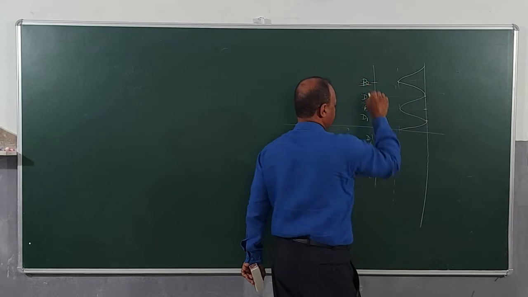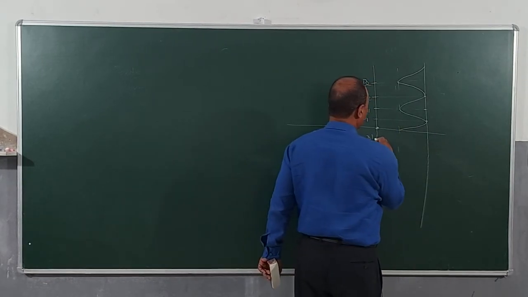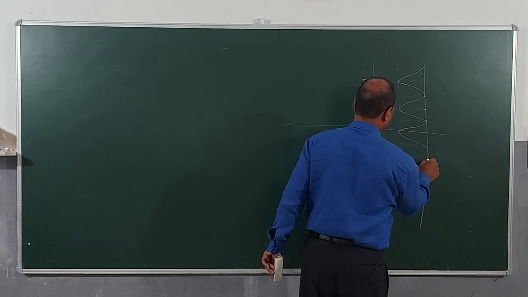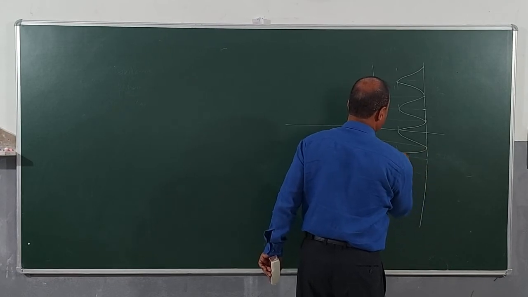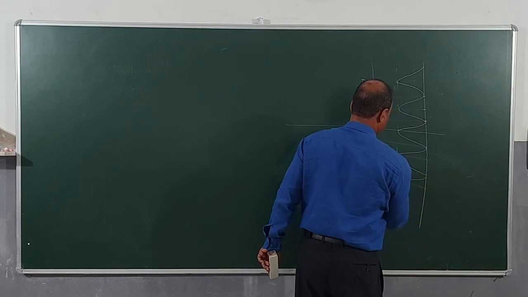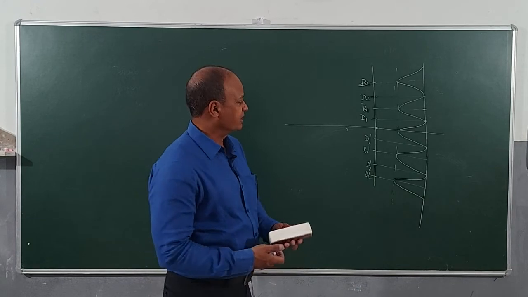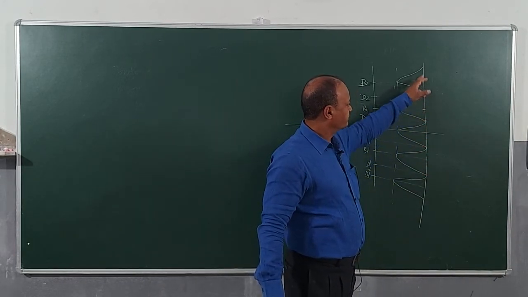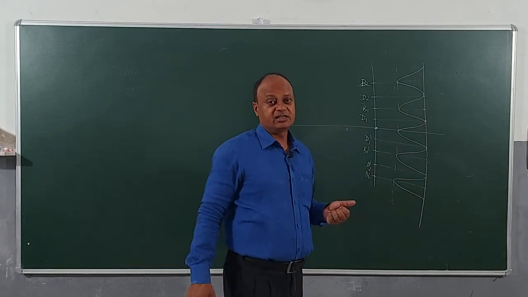If you come down below, at this point intensity is 0, at this point intensity is maximum, again here intensity is 0, and again at this point intensity is maximum. This is how the graph will go. So we find a very interesting thing: all the dark spots are equally dark and all the bright spots are equally bright, and they are as bright as the central maximum.